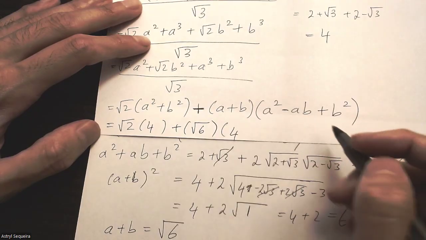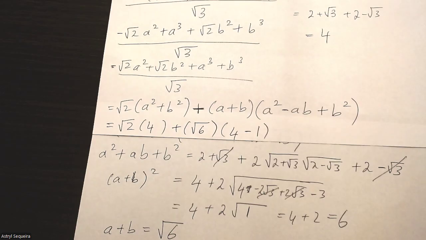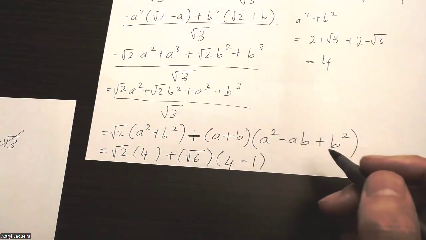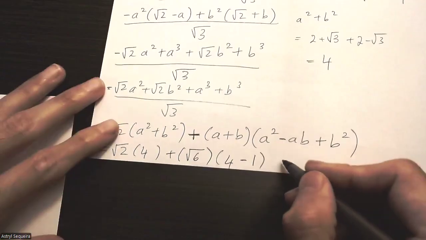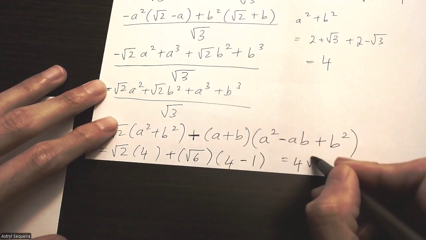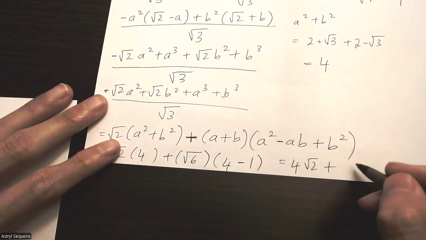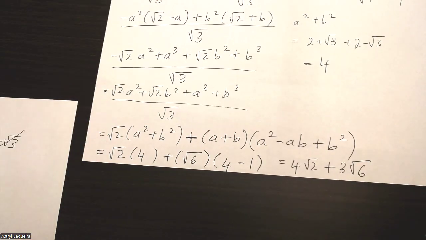And then ab is just 1, so minus 1. So this becomes 4 root 2 plus 3 root 6.